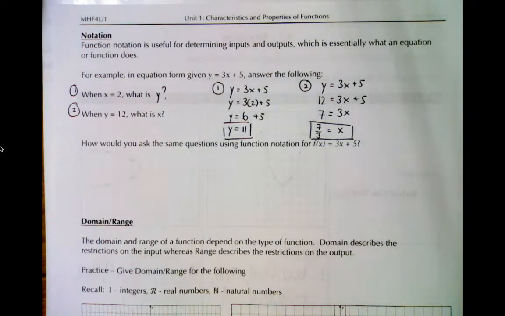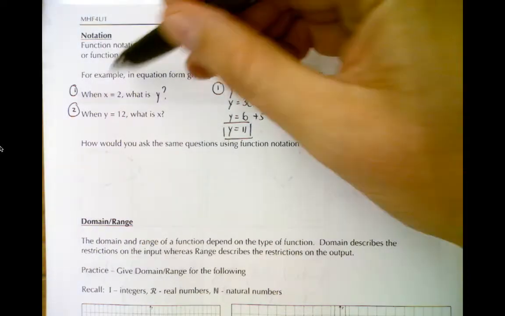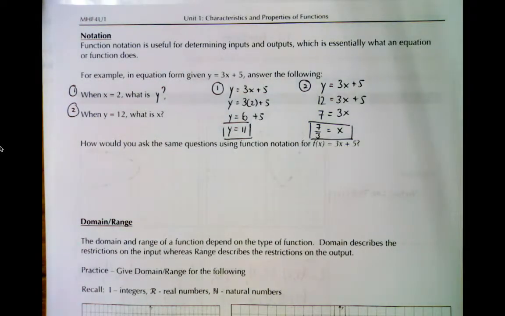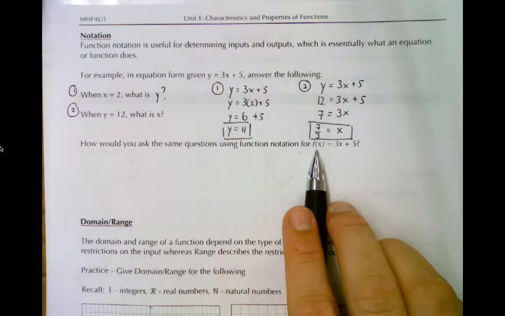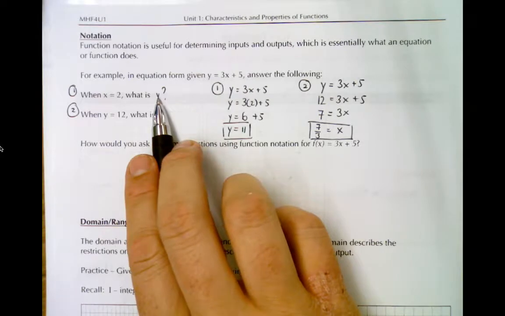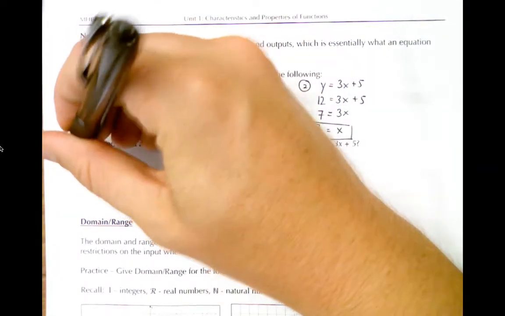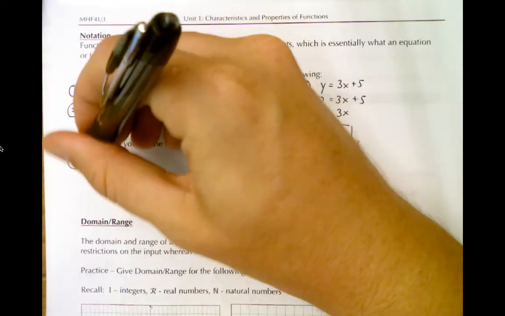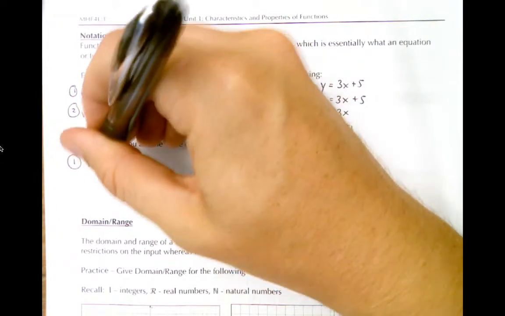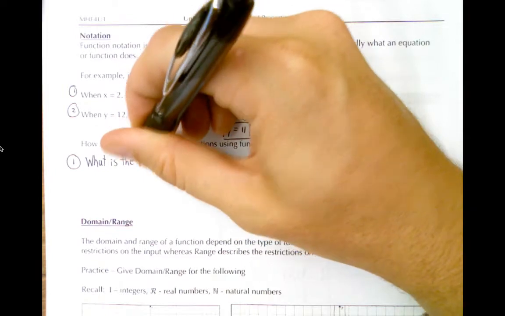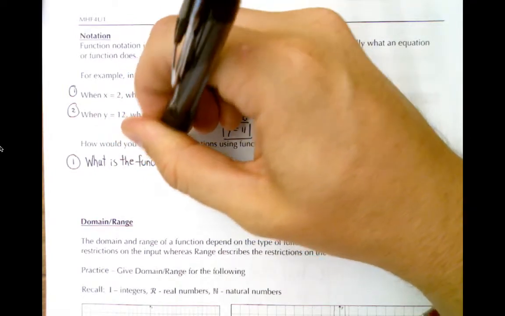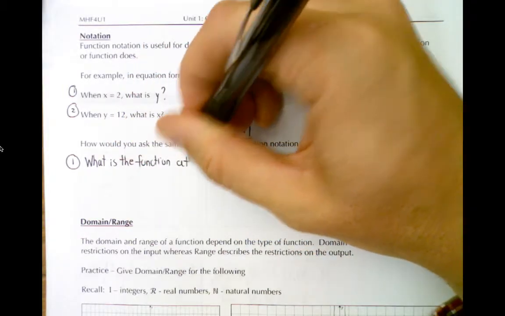Now, using function notation, how would we ask the same questions? Well, the first one, it's when they're giving you the input 2. We would want to figure out what the function is, or what y is in the relation. So the similar first question would be, what is the function at 2?